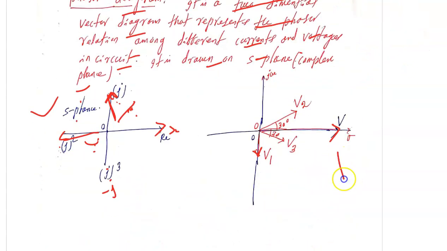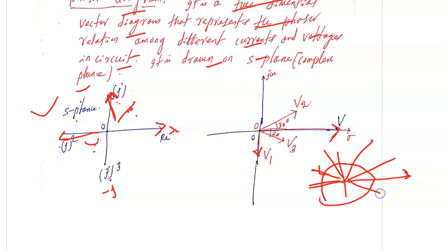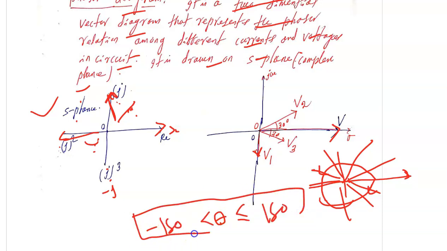Please remember, the angle is always measured from the real axis anti-clockwise. That is 30 degrees, 60 degrees, 90 degrees, like this. Then negative from here: minus 30, minus 60, minus 90. So the argument always has to be converted accordingly.